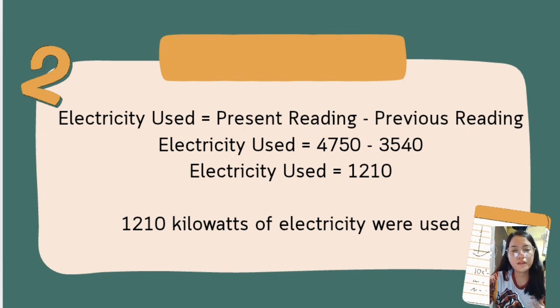So it equals 1,210. You just subtract the previous reading from the present reading to measure the electricity. Electric meter readings are typically in kilowatt-hours. The amount of electricity used is 1,210. So the kilowatts of electricity used is 1,210.